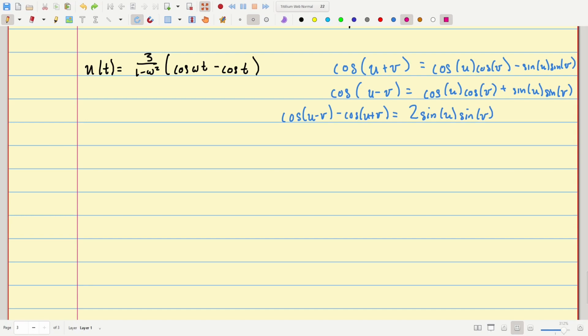So on this side here, we imagine that 2u is equal to omega t plus t, and u is equal to (1 plus omega) over 2 times t.